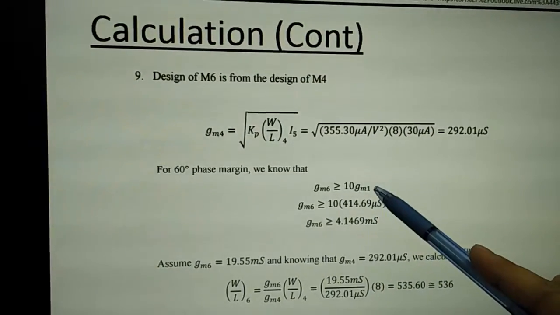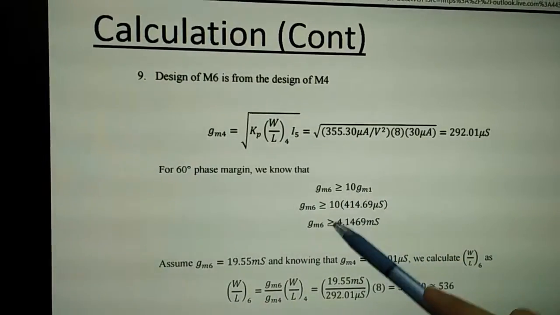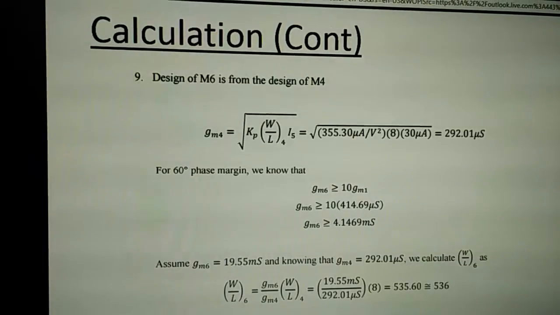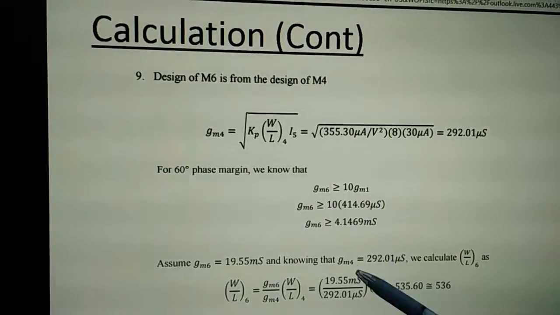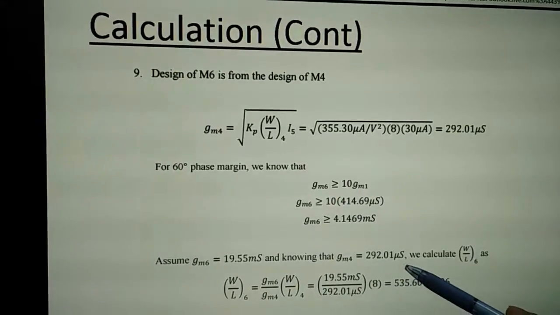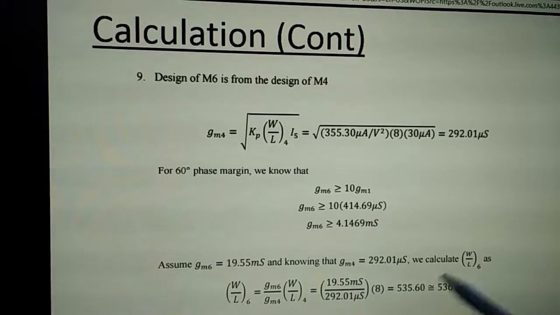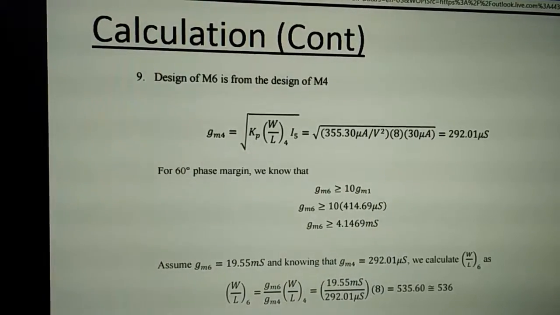Since we already have GM1, we just multiply GM1 by 10, so we get this answer. By assuming GM6 equal to this value and GM4 equal to this value, we can calculate the aspect ratio for M6, which is approximately 536.